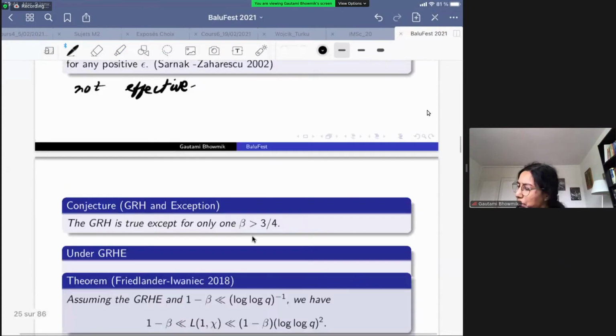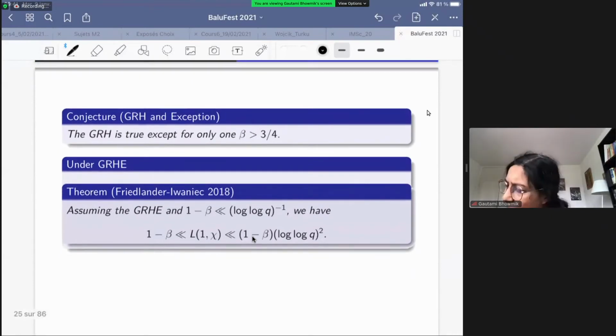And then Friedlander and Iwaniec allow some exceptions. They say that the GRH is true, which it probably is, except for only one beta, and for that beta they give a condition. They say this beta is greater than 3/4. So I call it GRHE, GRH with exception.